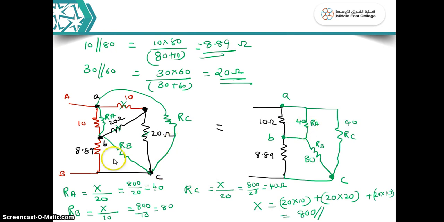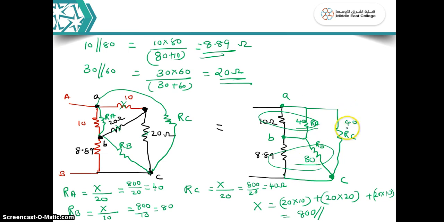I first calculate the X value, R1R2 plus R2R3 plus R1R3, that is 800. Then I get the corresponding delta RA, RB, RC in the same way as I calculated: 40, 80 and 40.